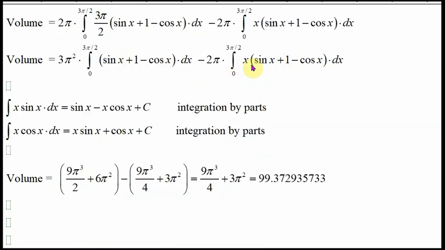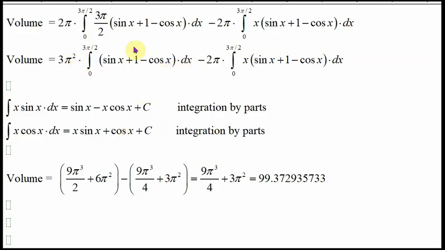For the integral of x sine x, we can use integration by parts, and that's going to be sine x minus x cosine x. And for x cosine x, we can also use integration by parts, and that will give us x sine x plus cosine x.